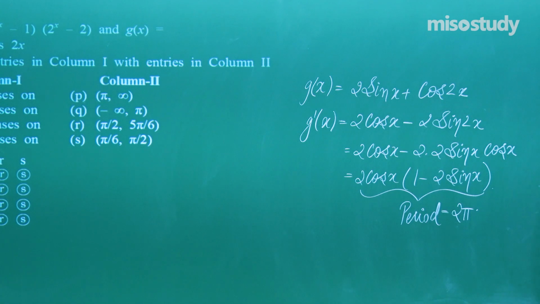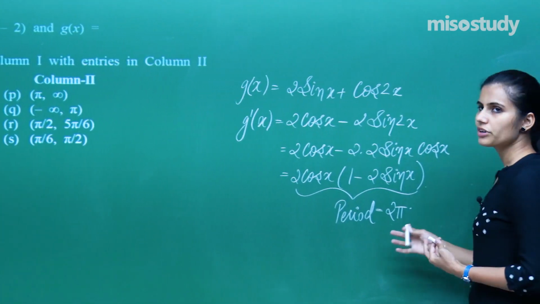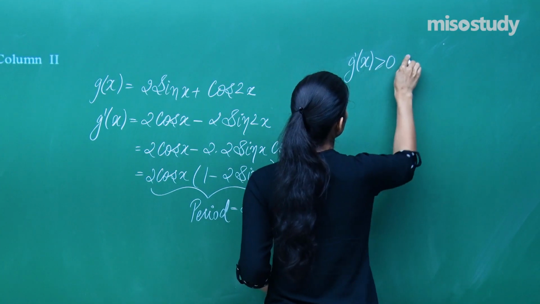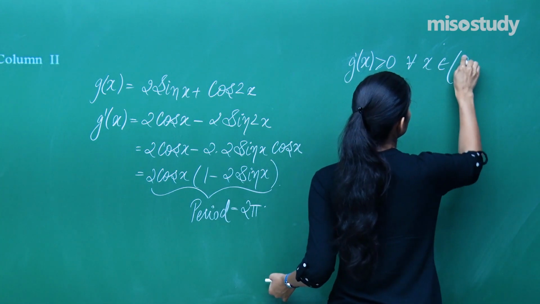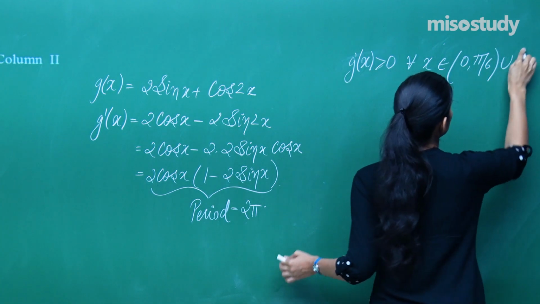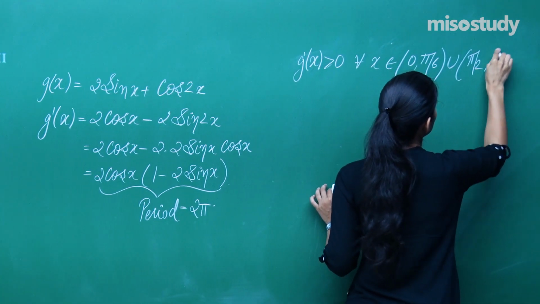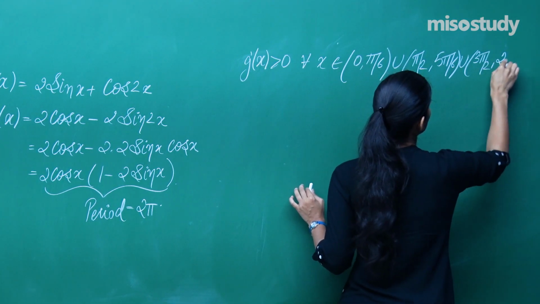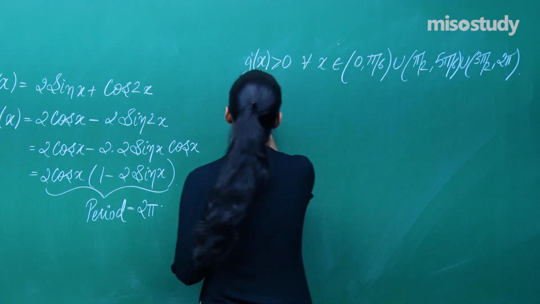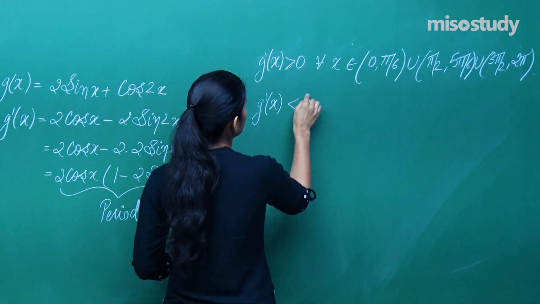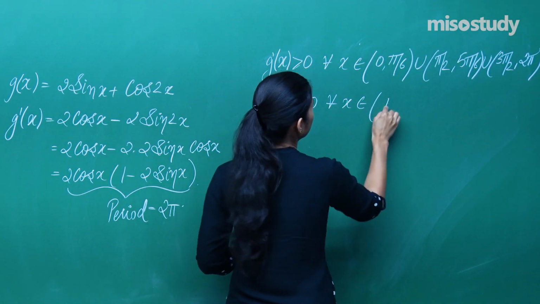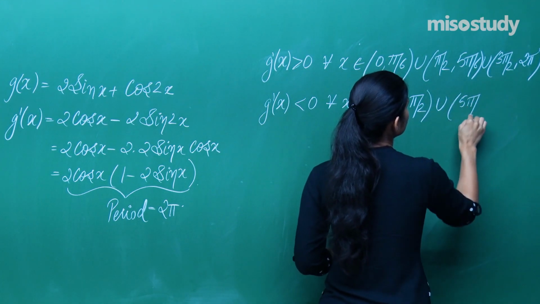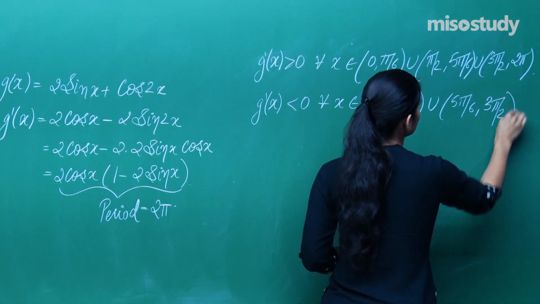Now this is pretty evident because I have functions whose graph I am very well aware about. g dash x is positive when x belongs to 0 to pi by 6 union pi by 2 to 5 pi by 6 union 3 pi by 2 to 2 pi, and therefore it decreases on pi by 6 to pi by 2 union 5 pi by 6 to 3 pi by 2.